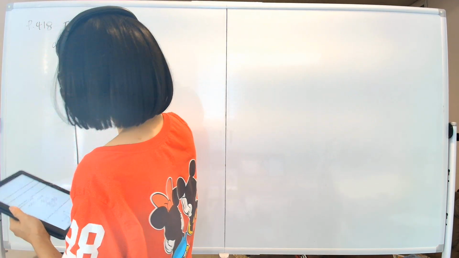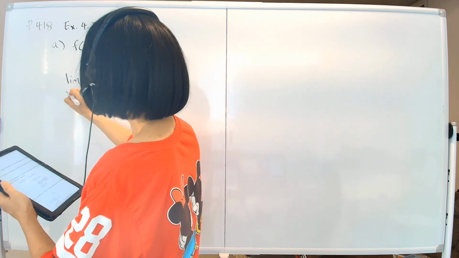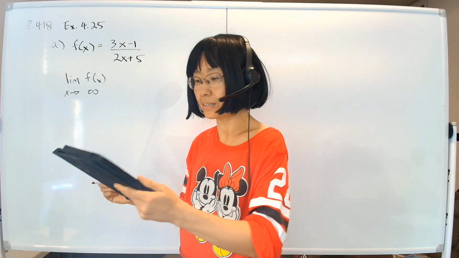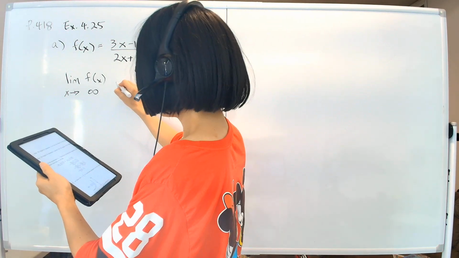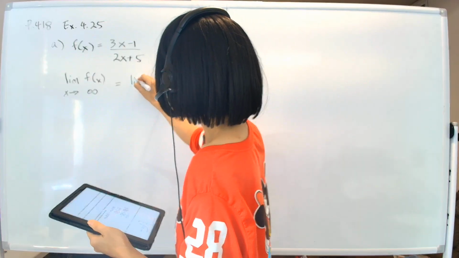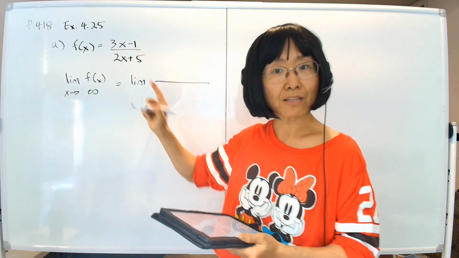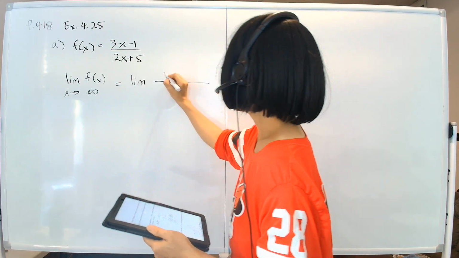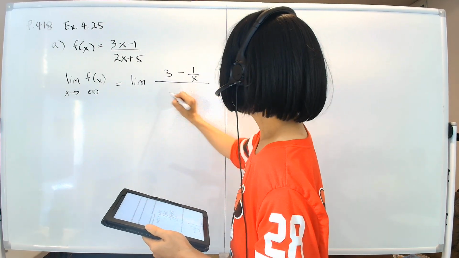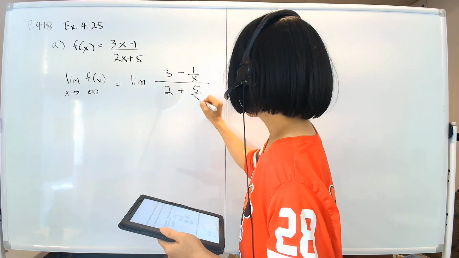We'll do positive infinity first. We divide everything top and bottom by x, so we get 3 minus 1 over x, and then 2 plus 5 over x.